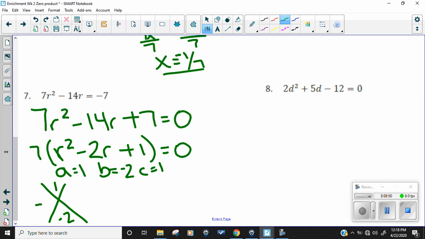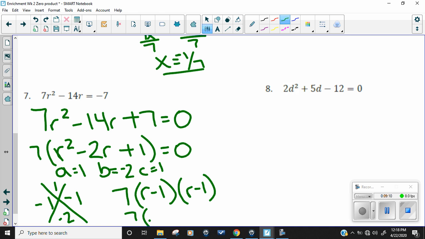Well, they're both negative, and the only factors of 1 are 1 and 1. So you have to put your 7 back in your answer, but it's r minus 1 times r minus 1. Now, for completing the square, you could write that abbreviated like this, 7 times r minus 1. Since it's multiplied by itself, you could do r minus 1 squared.